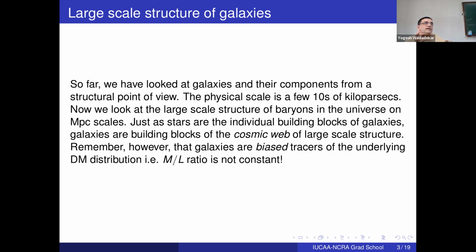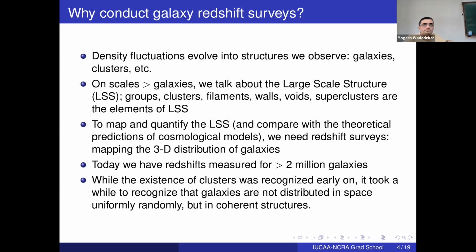So galaxy bias refers to the ratio of baryons to dark matter in any given volume. At high densities you may have one value for the galaxy bias. At low, in group densities you may have a different value. In the field you may have a different value. In the void you may have a still different value, and so on.